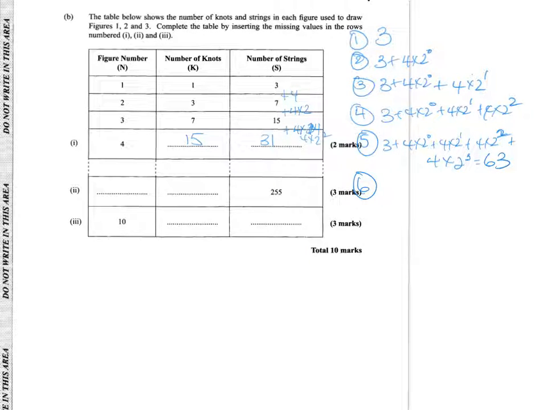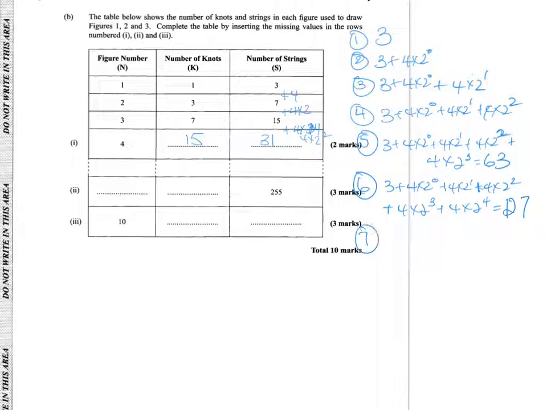Next one, so for figure number 6, it would be 3 plus 4 by 2 to the 0 plus 4 by 2 to the 1 plus 4 by 2 squared plus 4 by 2 cubed plus 4 by 2 to the 4th, which gives us 127.